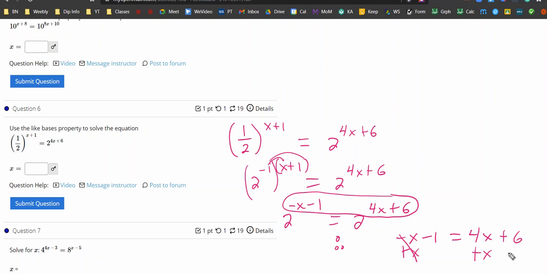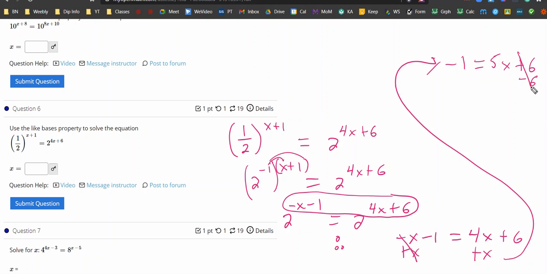So in the end, I've still got negative 1 is equal to 4x plus x, which is 5x, plus 6. Then I'm going to bring this over, so minus 6, minus 6. So we get negative 7 is equal to 5x, and then divide by 5 and divide by 5. So negative 7 over 5 is equal to x.